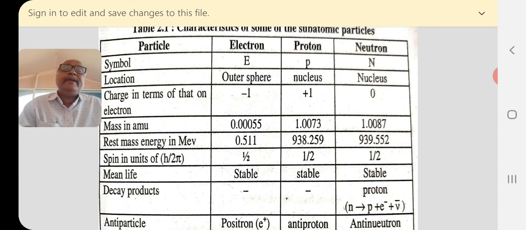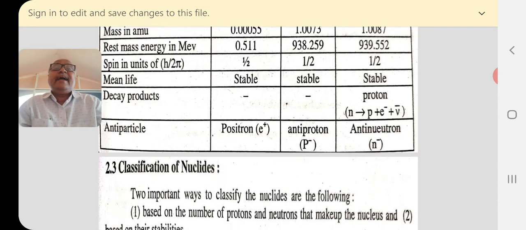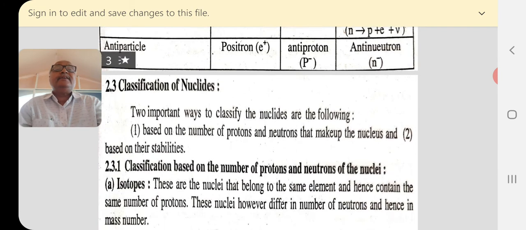Neutron has symbol n, is present in the nucleus, has no charge, but its mass is dense, that is 1.0087 atomic mass unit. When we consider antiparticles, electron has the antiparticle positron, proton has antiproton, and neutron has antineutron.